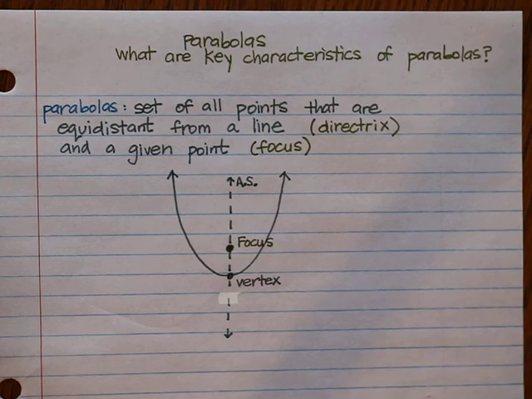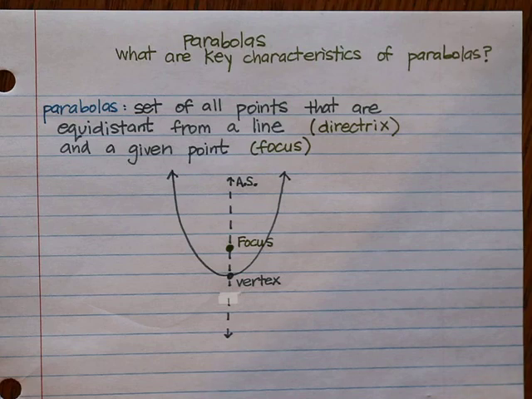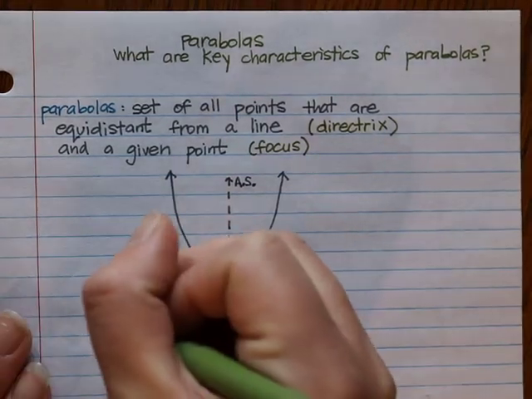That's super important for parabolas, and that's a super important point if you have a dish. If you want to get TV, all of the way the TV comes through has to land on that focus so that it can get pushed into your house. And that's why parabolas are so interesting, because they are shaped in a way that the focus is a super important point. And that's another way to remember that the focus is inside the parabola. So that's part of our definition.